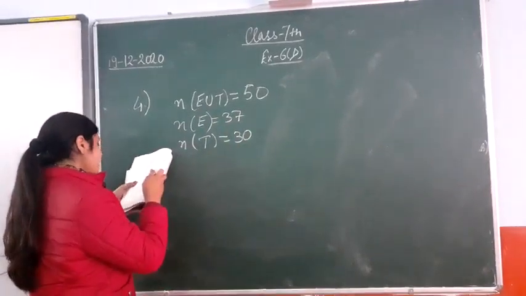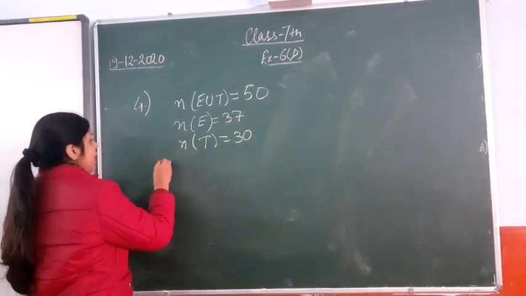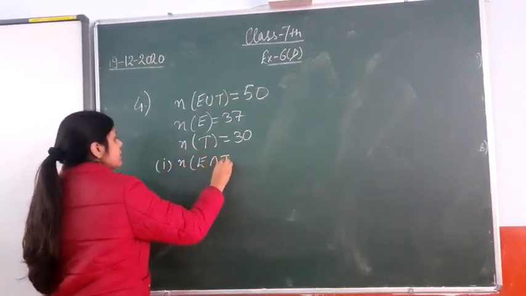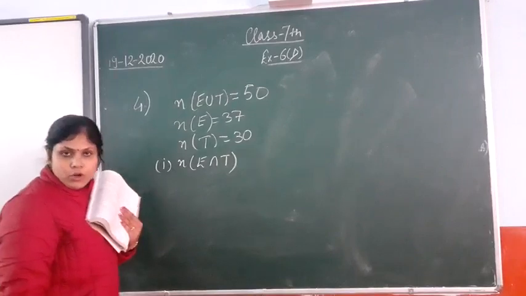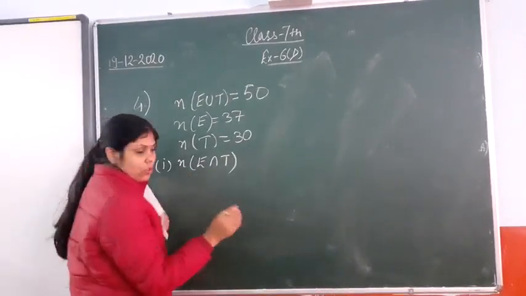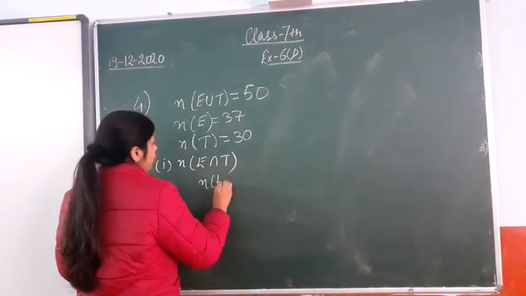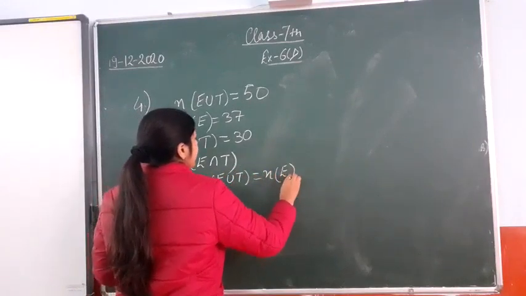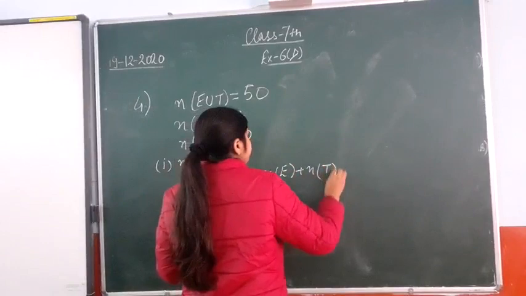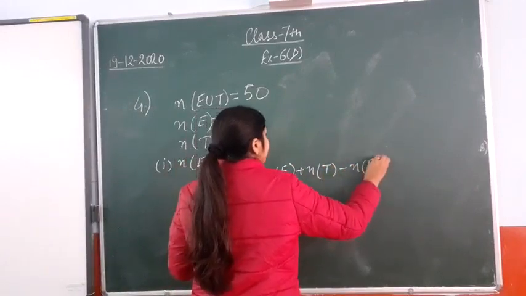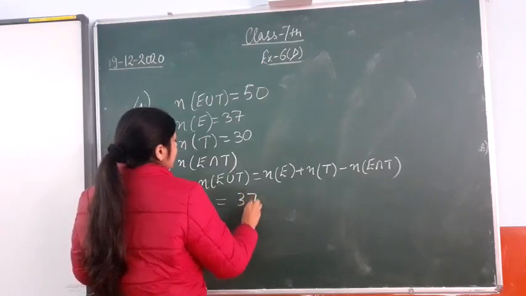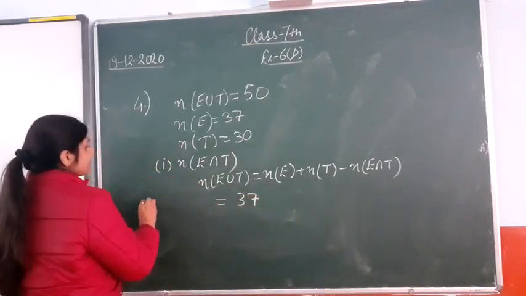First one, how many can speak both English and Tamil? That means you have to take out the intersection. To take out the intersection, we don't have a direct formula, but we have this formula to remember: n(E union T) equals n(E) plus n(T) minus n(E intersection T). So what will be the value? Here put the values given in the question.